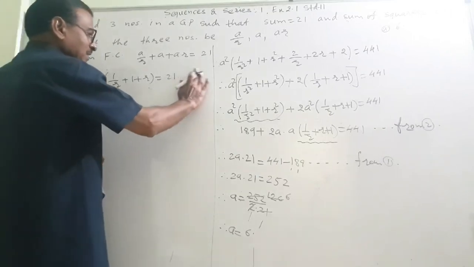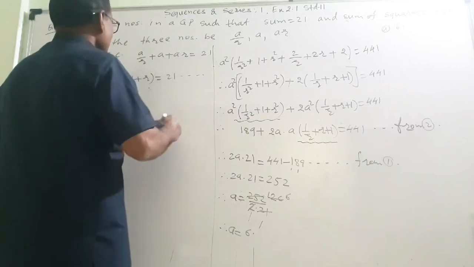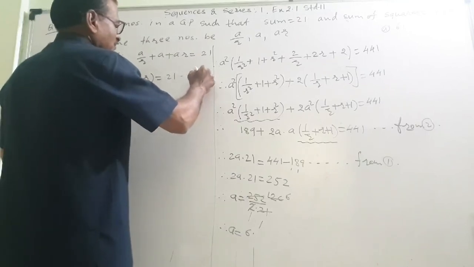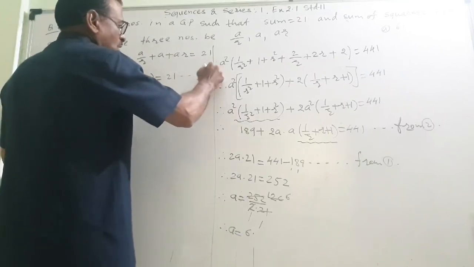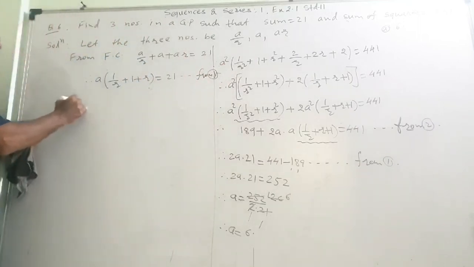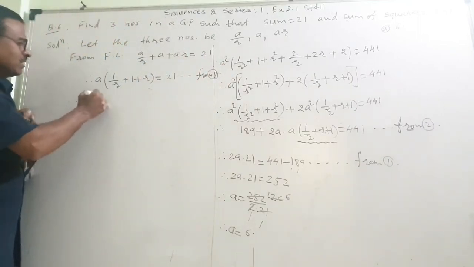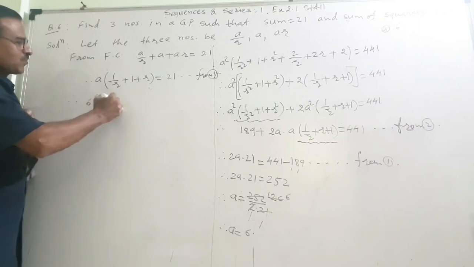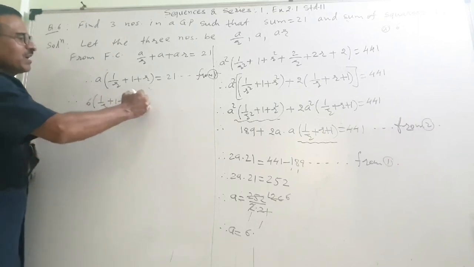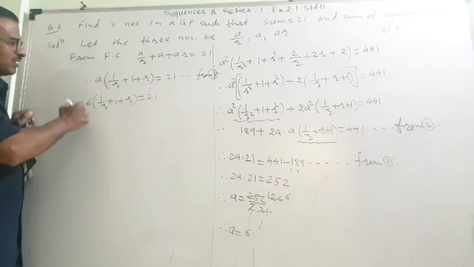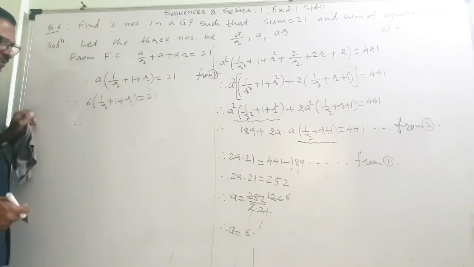Here I am considering this equation. Once again I will take equation number 1. Therefore, a is how much? 6. 6 into 1 upon r plus 1 plus r is equal to 21. Therefore, this 6 will be divided over that.